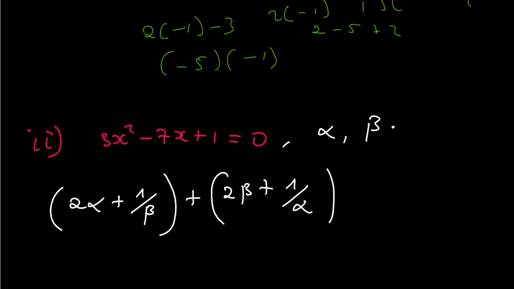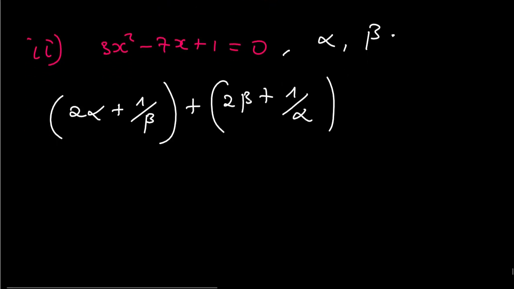So let's simplify this. The first thing we have to do is obtain the sum of roots and the product of roots. So from 3x squared minus 7x plus 1 equals 0, the roots are alpha and beta, so we can obtain the sum of the roots. The sum of the roots is given by alpha plus beta, which is negative b divided by a.